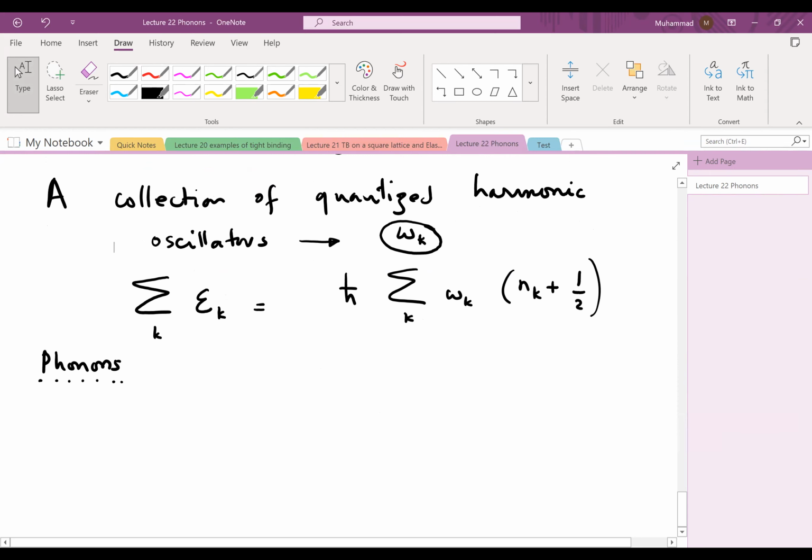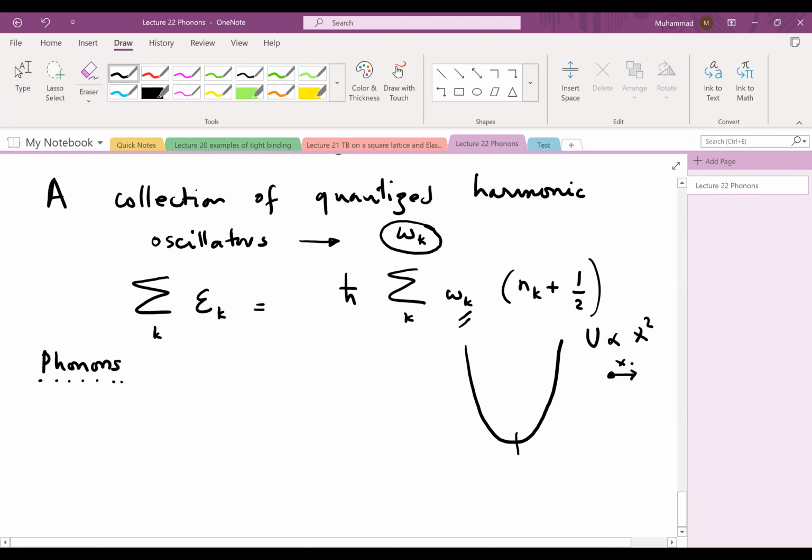So each of these harmonic oscillators with a normal mode frequency omega k can be defined as a collection of oscillations. So if I were to take a harmonic oscillator, something that you've learned in quantum mechanics too, there's a potential energy curve which is quadratic, which means U is proportional to x squared, where x is the deviation from equilibrium.